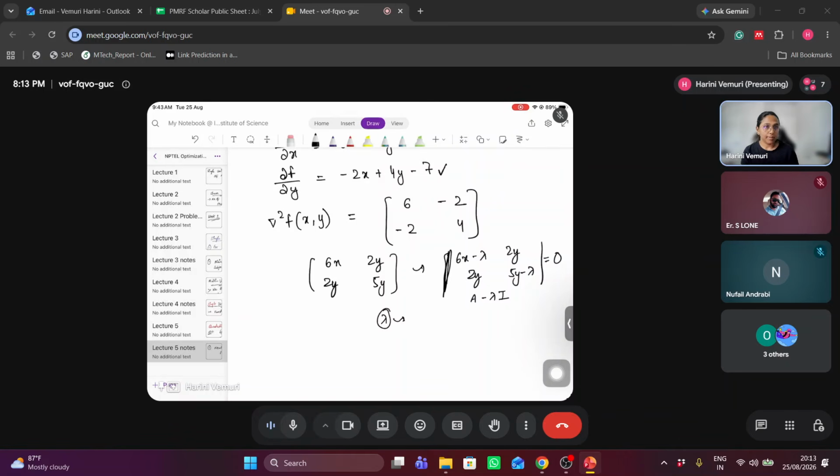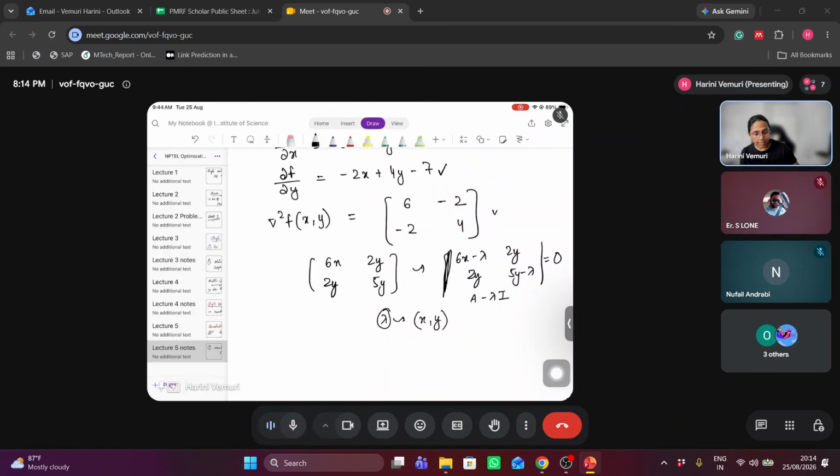In this case the lambda values will be in terms of x and y, so they change with respect to x and y. Suppose in the problem they ask to find the eigenvalues at x equal to 2 and y equal to 3, then substitute x equal to 2, y equal to 3 at that point. Otherwise you report it in terms of x and y.